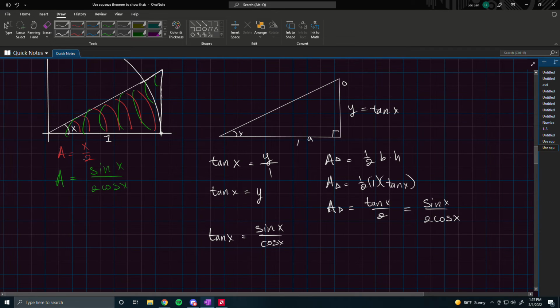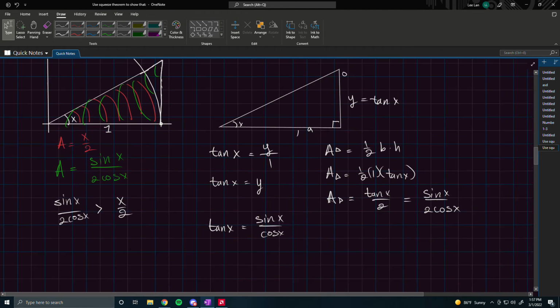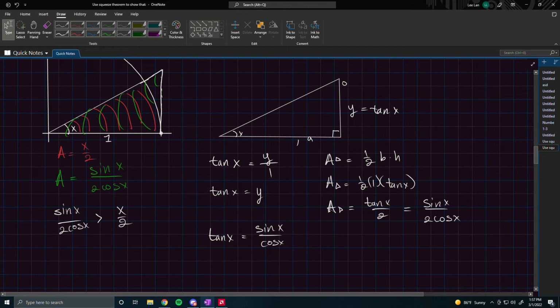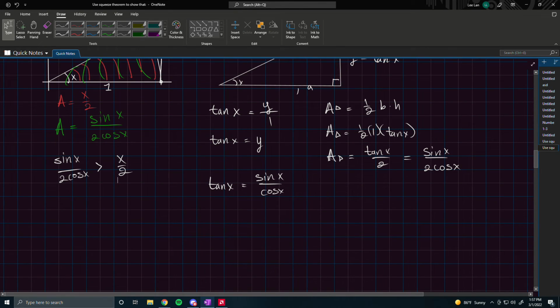So now we compare areas. This triangle contains the red area. The green area contains the red area. So we know that sine x over 2 cosine x is larger than x over 2. Then we can do some algebra to manipulate it into a form that looks like what we started with.